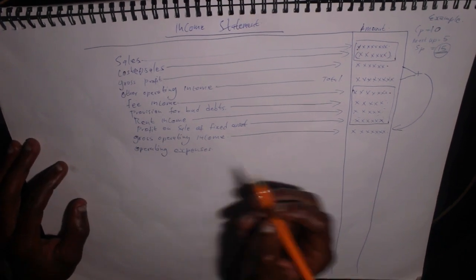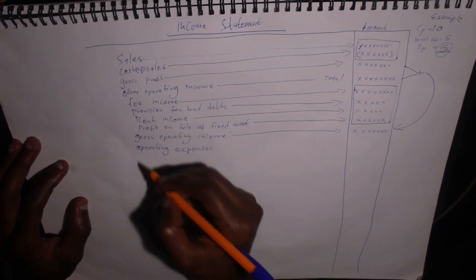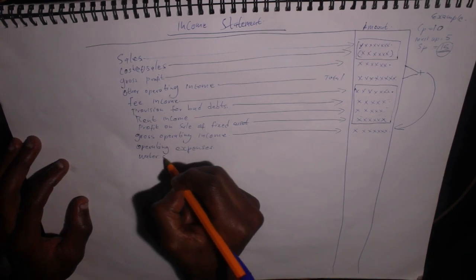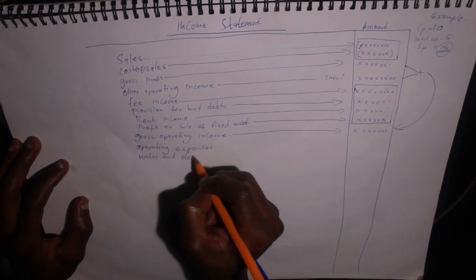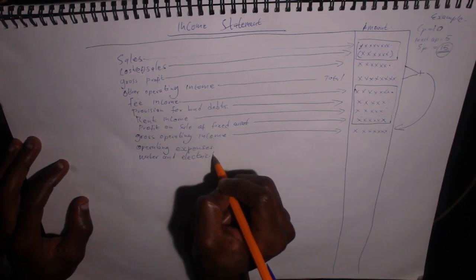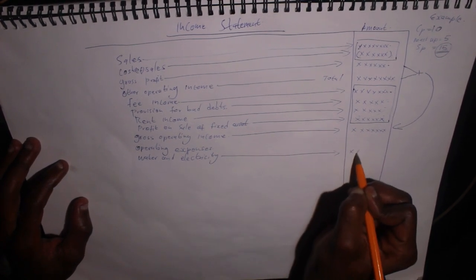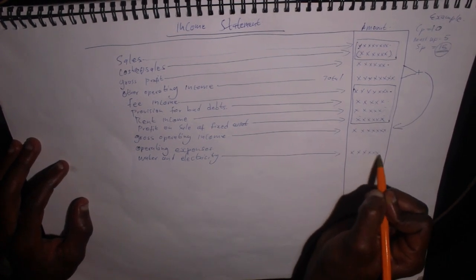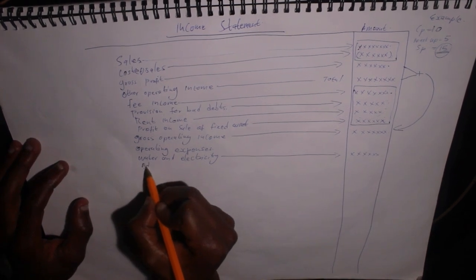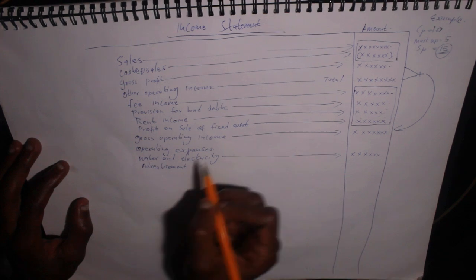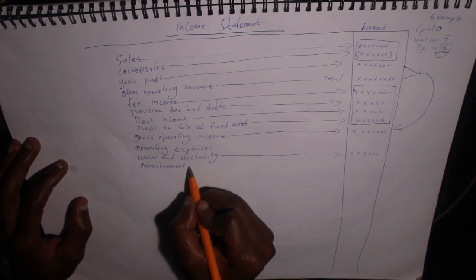In this case, our simple expense that we can remember, we have, for example, water and electricity. You simply go and put the amount there, followed by advertisement. Advertisement could be one of the expenses in the company.